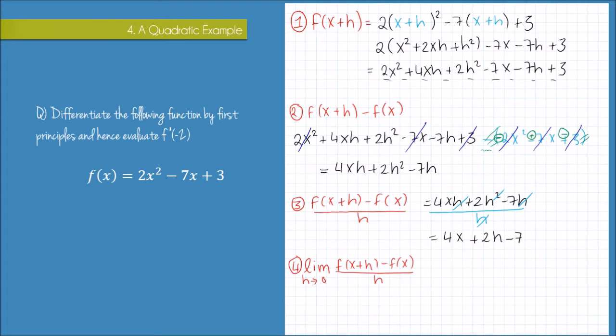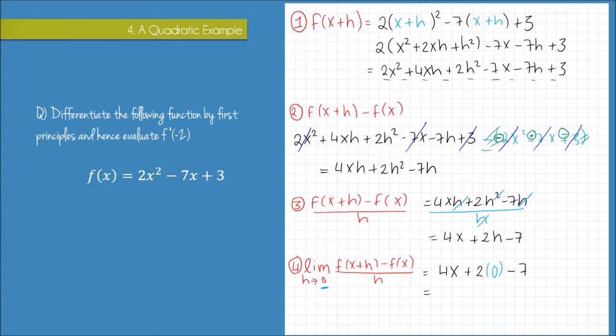It just means that wherever we see h, we're going to sub in 0. So we take our result from step 3, 4x plus 2h. Okay, now we have an h, so instead of h, we sub in 0, and minus 7 at the end.